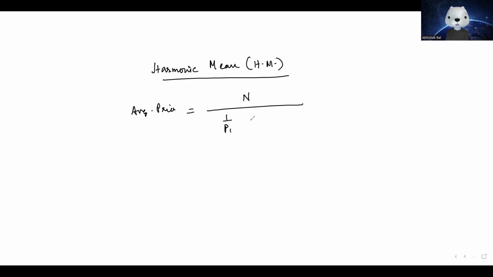So initially it was P1, the reciprocal of the same.